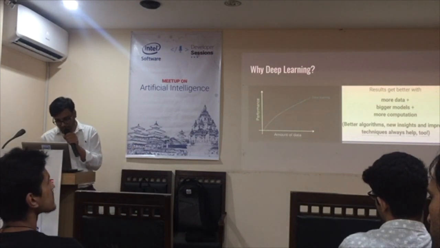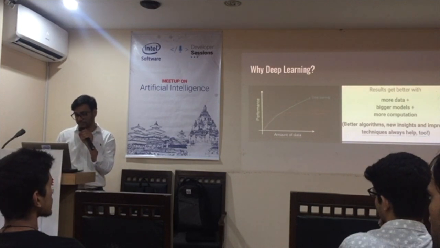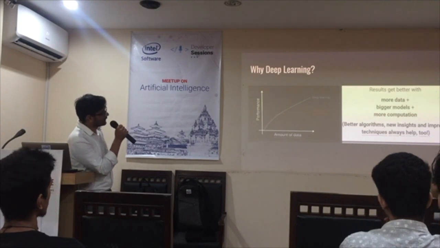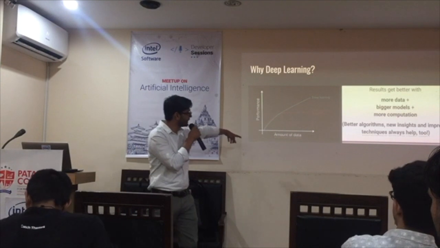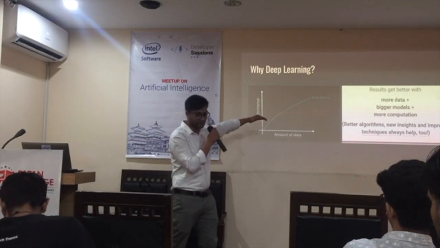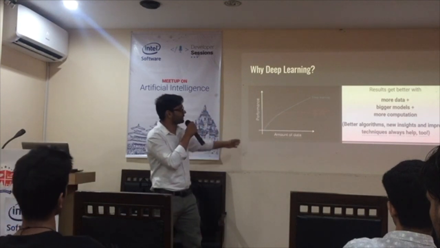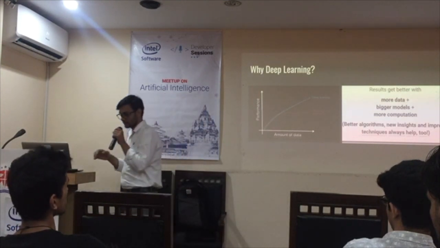So better algorithms, new insights, and improved techniques always help. And here, when you go for traditional machine learning approaches or algorithms, if the amount of data increases, the accuracy remains constant. It does not increase further. But for deep learning, if data grows, the accuracy grows.